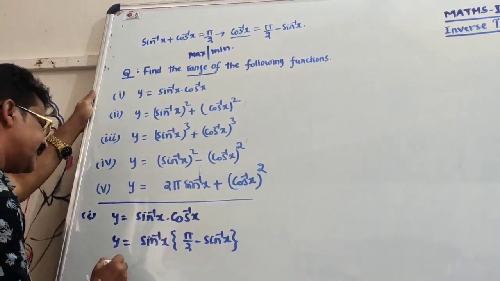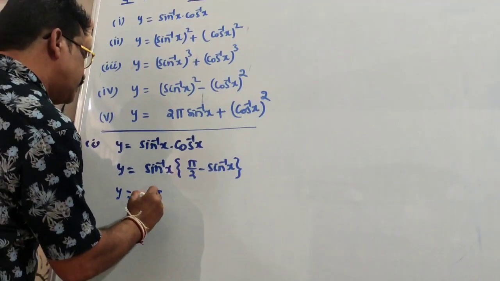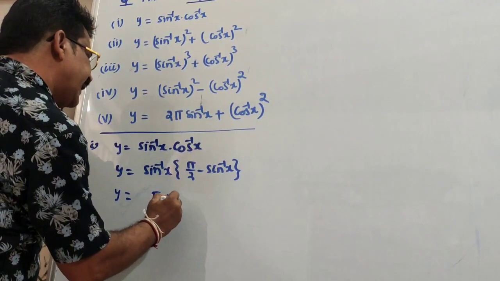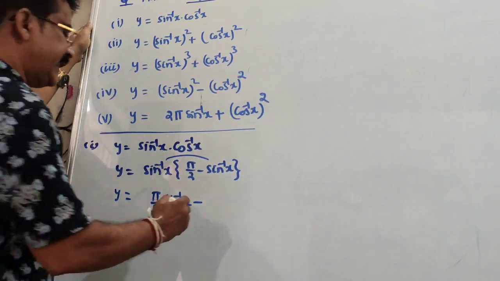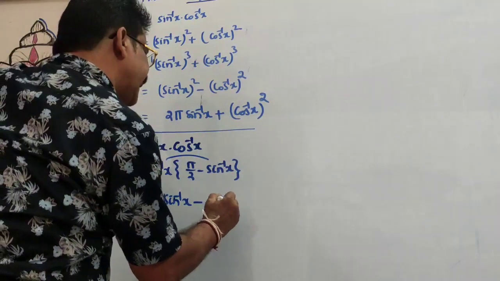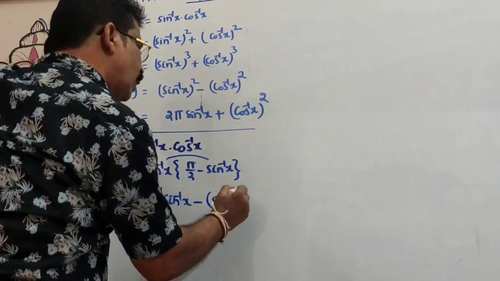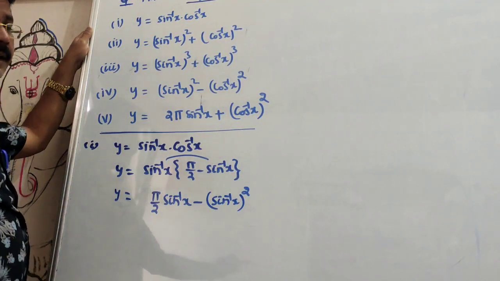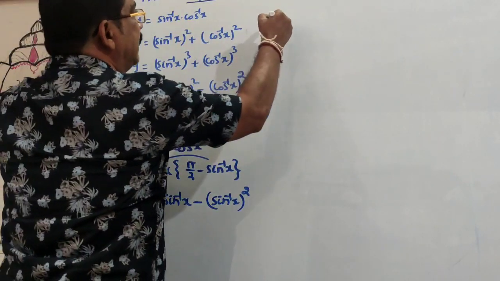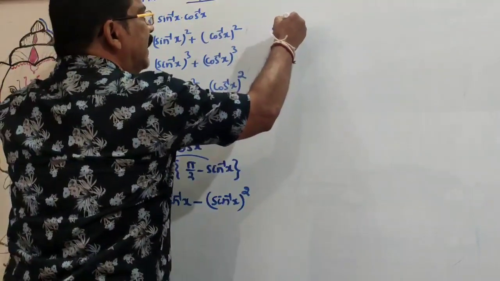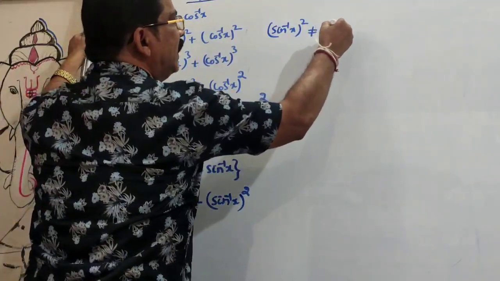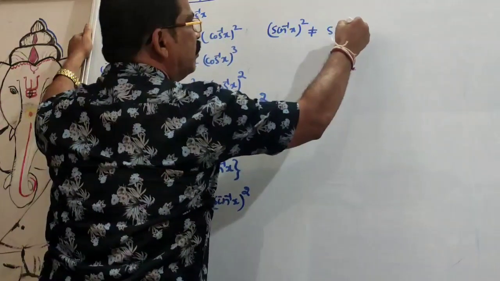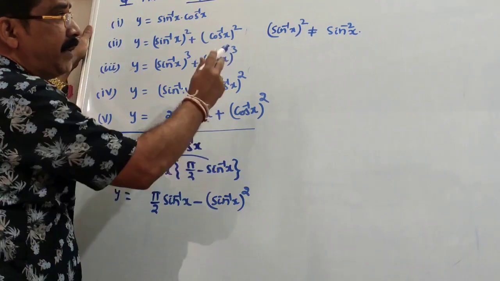So let us simplify it. Pi by 2 into sin inverse x minus sin inverse x into sin inverse x, sin inverse x whole square. Already I said in basic formulae, sin inverse x whole square is not at all equal to sin to the power of minus 2 x, just like that, remember.